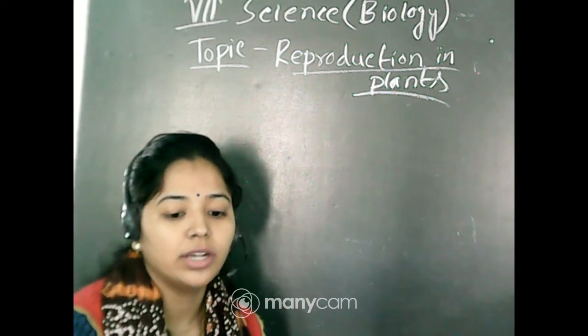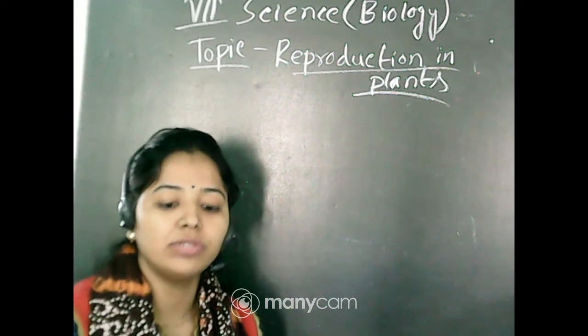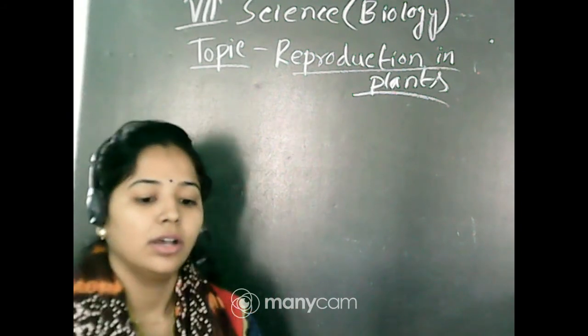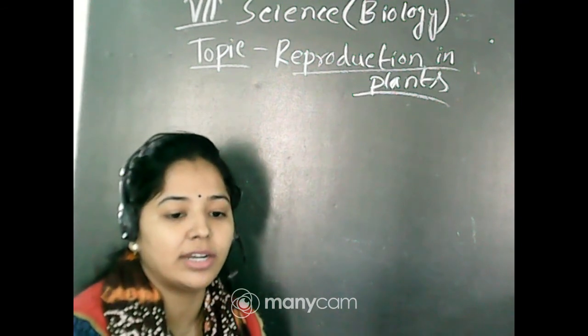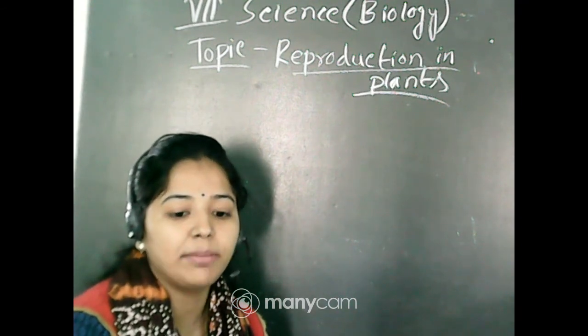Okay, very good. Now today I am going to discuss the sexual mode of reproduction. As we have already learned, there is a difference between sexual and asexual modes of reproduction. What is the main difference?